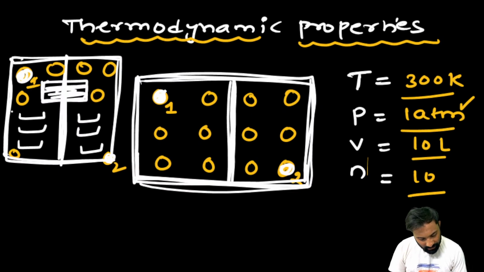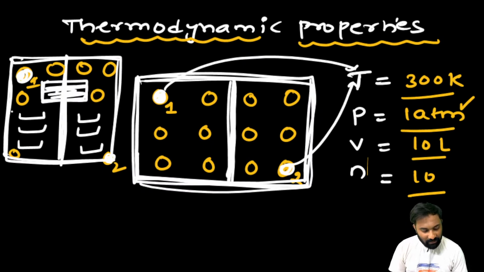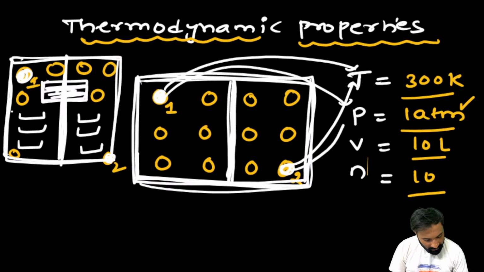Next, temperature. Before, the temperature of this gas is 300 Kelvin. After doing the partition also, the temperature of that gas is 300 Kelvin only. Pressure is 1 atm. Now for gas 2, pressure is also 1 atm. But what will change? Before, the container volume is 10.